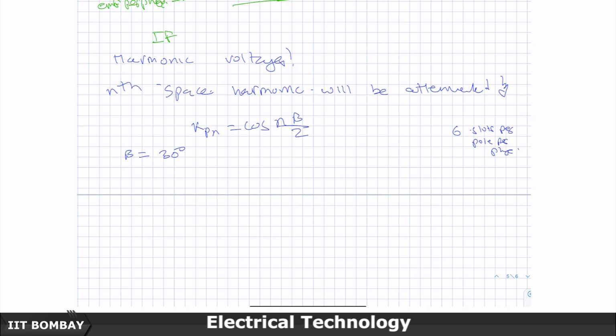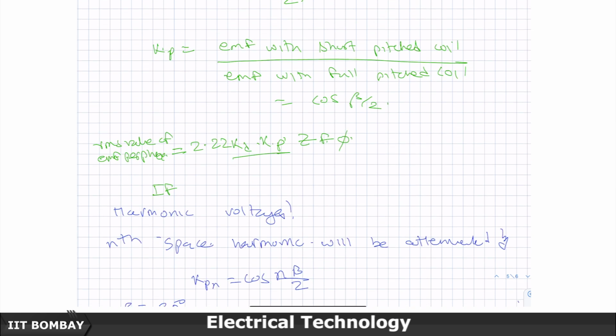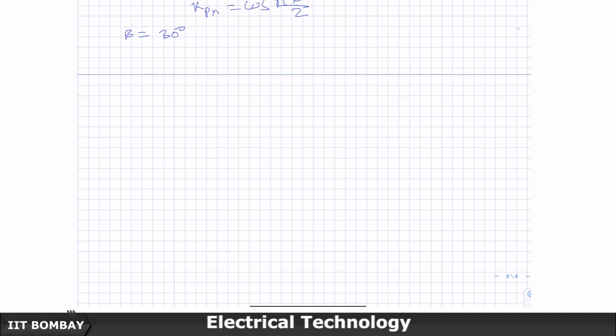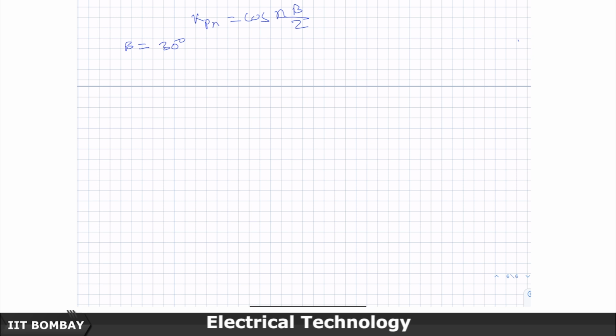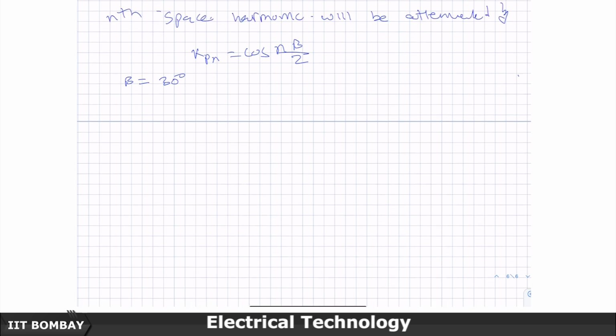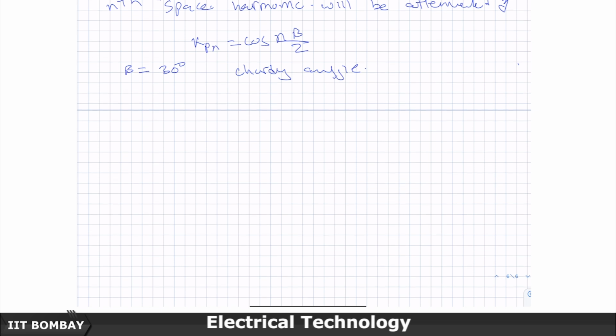Basically, between the two slots I have a 30 degree angle, that is the most important thing I am trying to say. This is also called the chording angle. So, then I will get a factor of cos of 30 degrees by 2, or cos of 15 degrees, which is equivalent to 0.966.